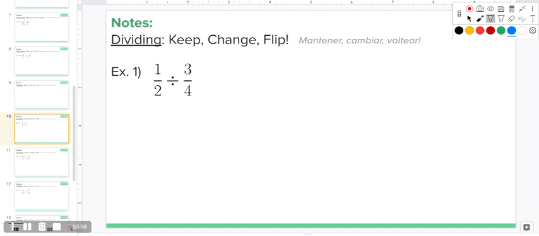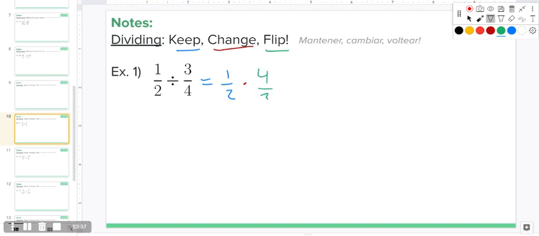So when we talk about keep, change, flip, here's what we're talking about. We are going to keep this first term. 1/2 is just going to stay the same. Then we're going to change this division sign into a multiplication sign. And finally, we're going to flip that last fraction.